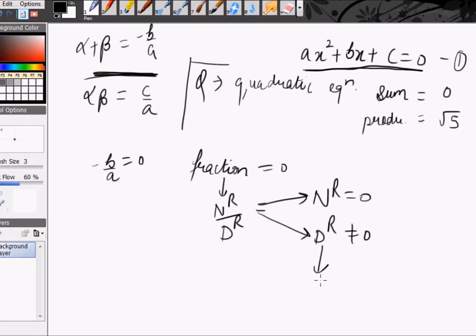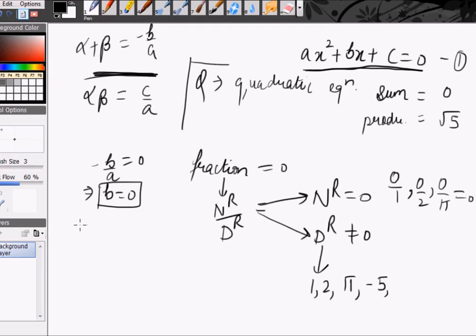Denominator can be any term like 1, 2, pi, even negative, etc. In simpler words, 0 over 1, 0 over 2, 0 over pi, all are 0. Therefore b equals 0.